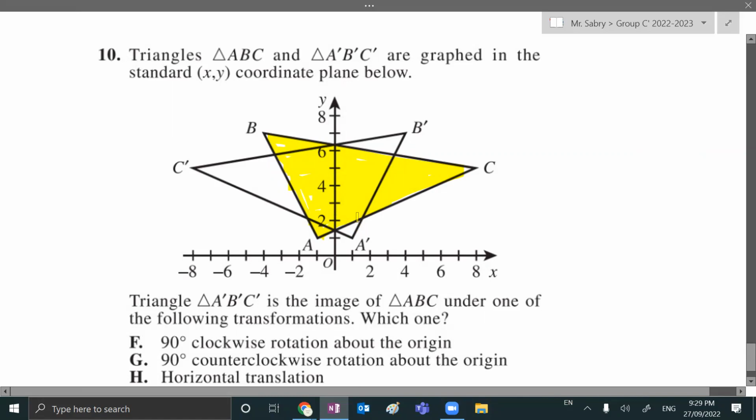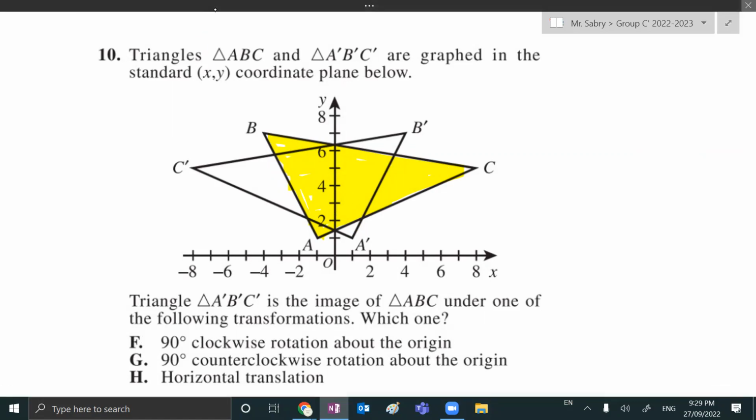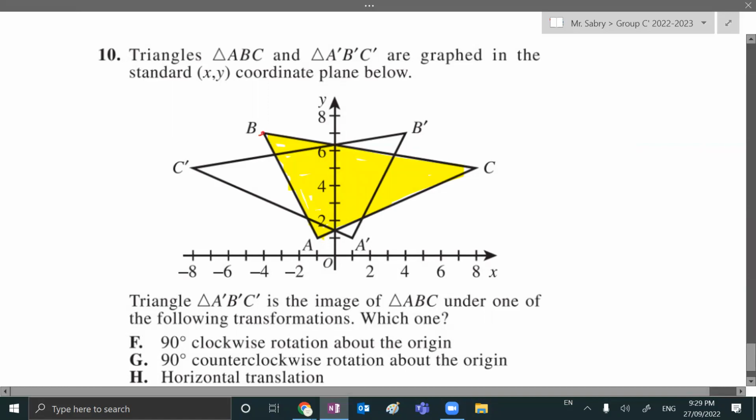Instead, I'd like you to look at only the points. Apparently this B was here, but suddenly B dash is exactly on the other side right here. While C as well was here, it was reflected exactly on the other side to here. And A was here and it suddenly moved exactly to the other side there.